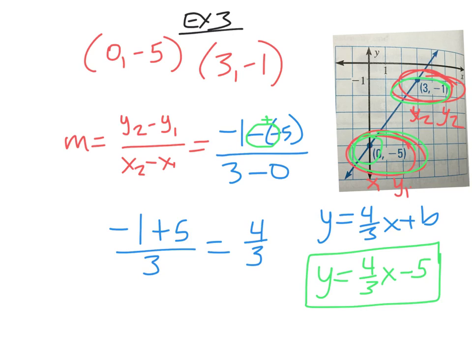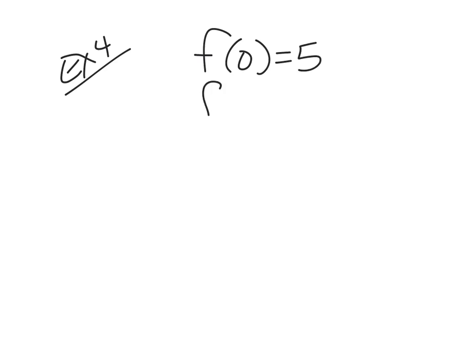On example 4, we're going to do the other method I just told you. All right, example 4. Write an equation for the linear function f with the values f of 0 equals 5 and f of 4 equals 17.